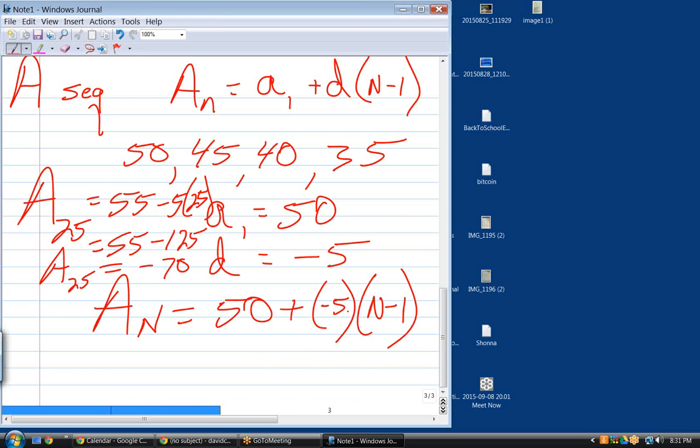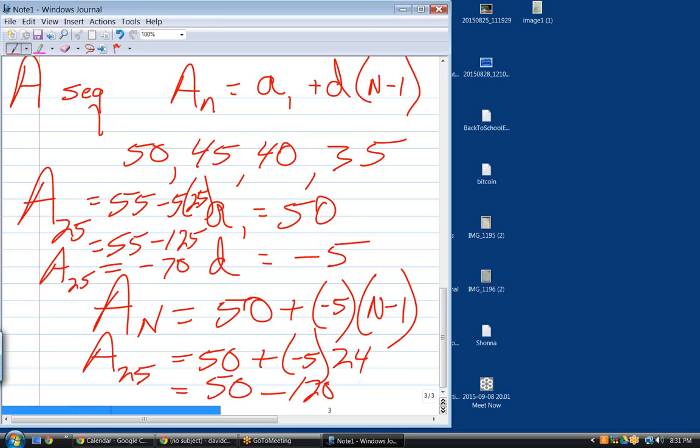In other words, if I'm just going to plug in 25 for n, a sub 25 is going to be 50 plus a negative 5 times 25 minus 1, which is 24. Or 50 minus 120, or minus 70. So it's just as easy if you're trying to calculate some a sub n to use the original one.